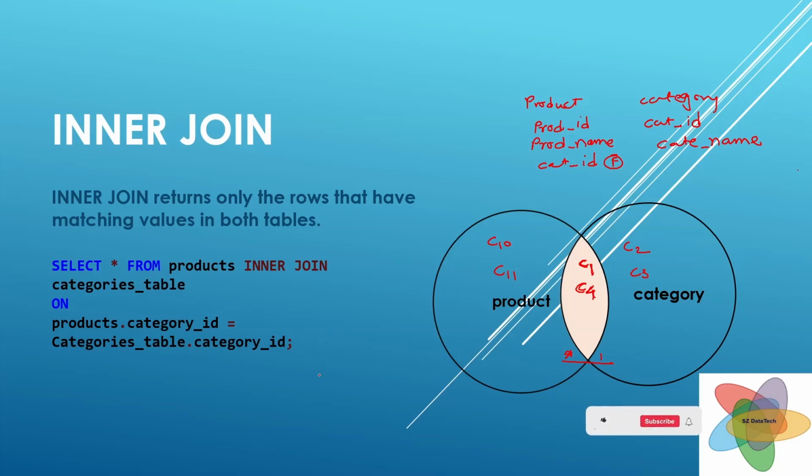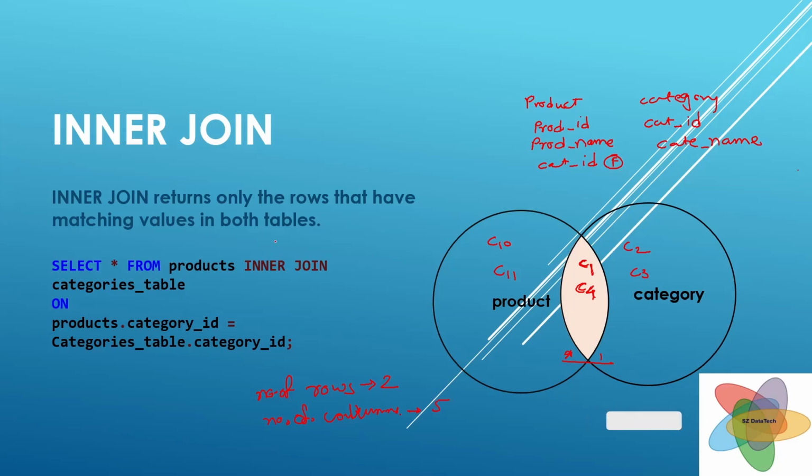When we apply any join on tables, always remember two things: the number of rows and the number of columns. If we apply this inner join, two values are matching, so we get two rows. The product table has three columns and the category table has two columns, so we get a total of five columns.